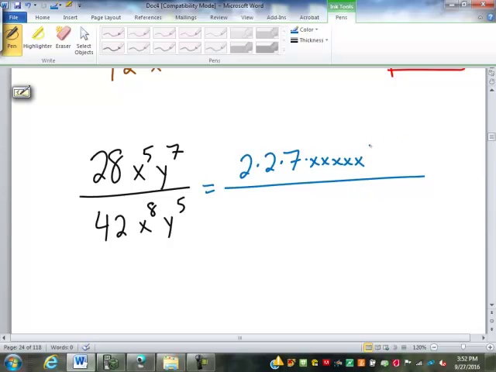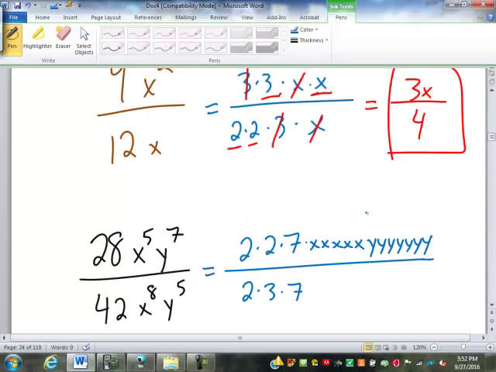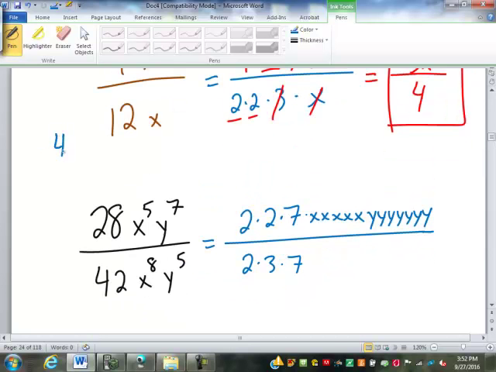How many y's? 7 of them. Y to the 7th means 7 of them. On bottom, 42 factors out to be 2 times 3 times 7. Again, if you don't know where I'm getting those from, I'm doing a factor tree. 42 could be 2 times 21, 21 is 3 times 7, and that's it. 2 times 3 times 7.